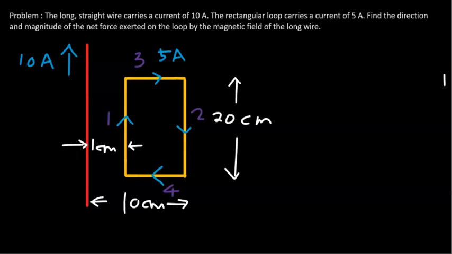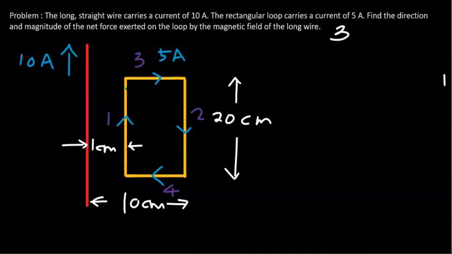Let's begin with segment 3, that is the horizontal segment right there. We note that throughout this length of segment 3, the magnetic field produced by this wire varies because the distance varies.